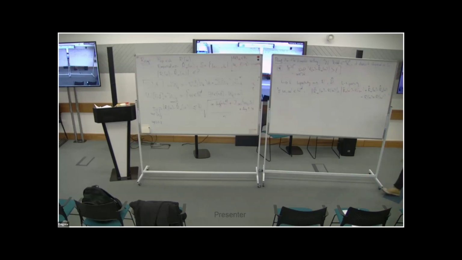Since R and R hat are Lipschitz, we can divide this thing into three terms. This is going to be smaller than L times the norm of W minus W prime. The same here, smaller than L times the norm of W minus W prime.